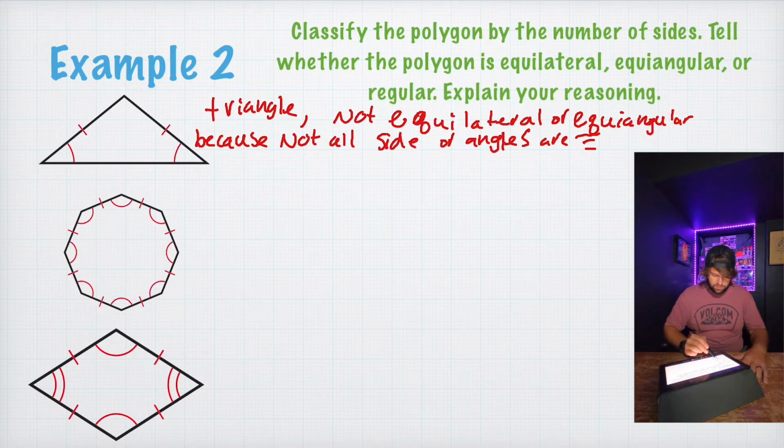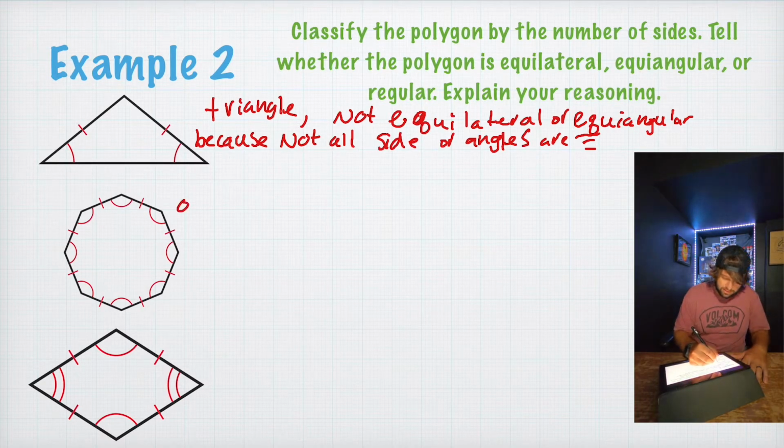Okay? The next one we have, let's count the sides. 1, 2, 3, 4, 5, 6, 7, 8. 8 sides. So it's an octagon. And it's a regular octagon.